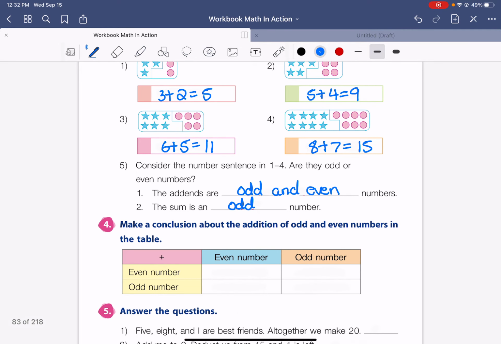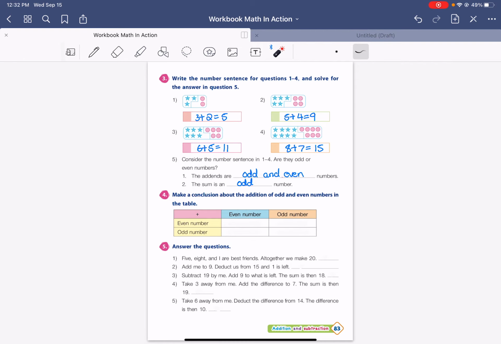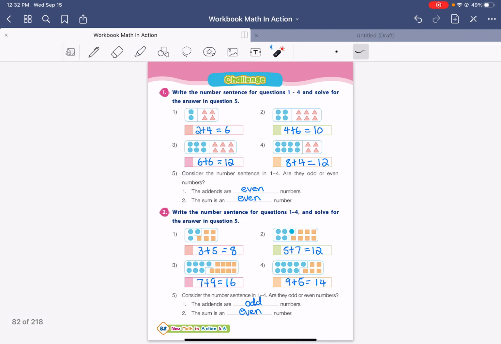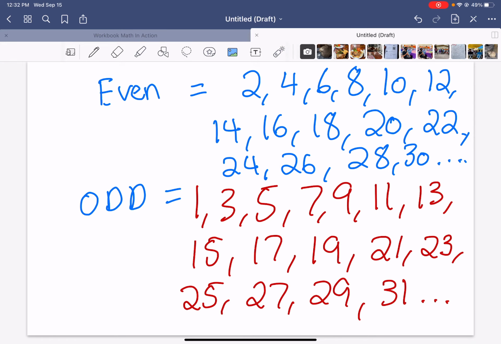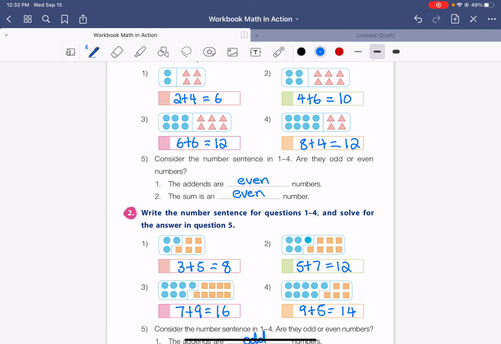So here we're going to find out. Again, we're going to write together. Even plus even. What do we get? Let's take a look. Even plus even, we get even.